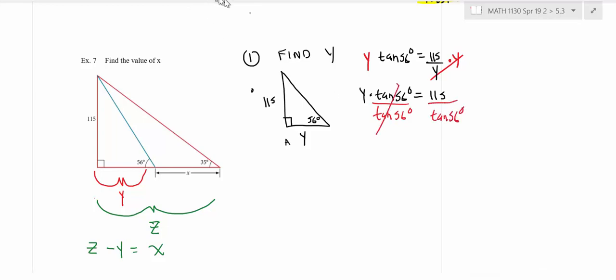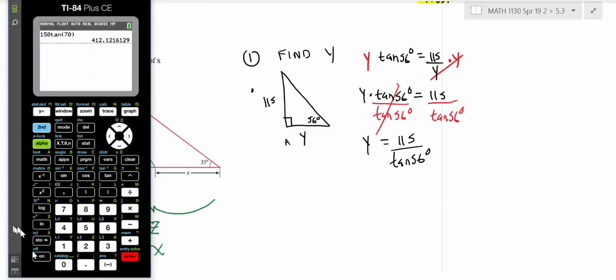And then I go to my calculator. So y is 115 divided by the tangent of 56 degrees. Let's get that put in. 115 divided by tan 56, what do we get there? Rounded to one decimal, that's about 77.6 units.